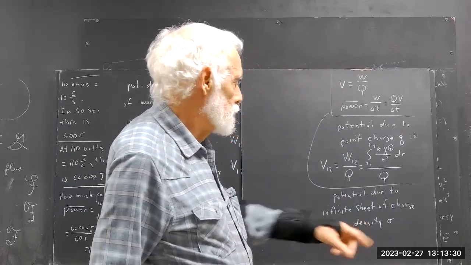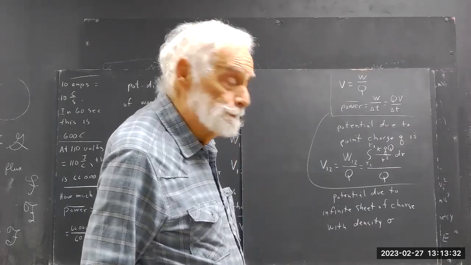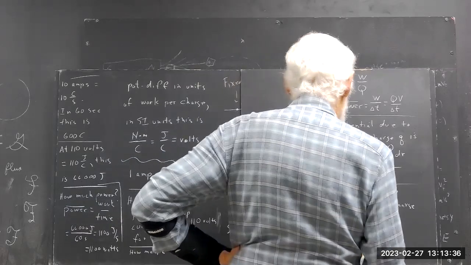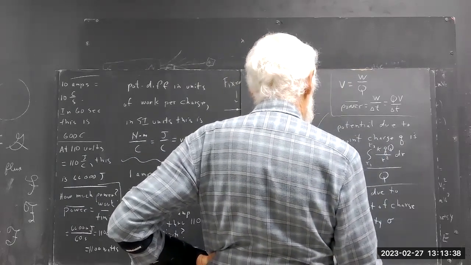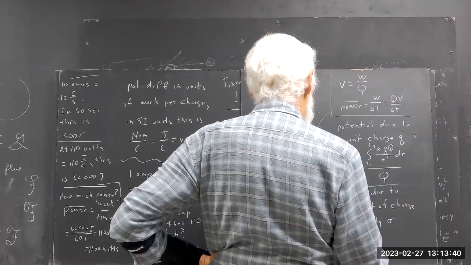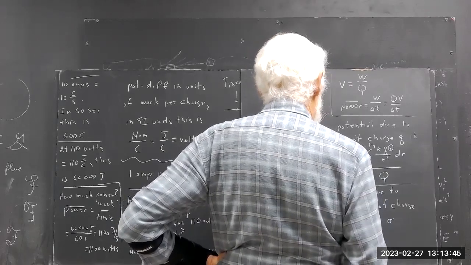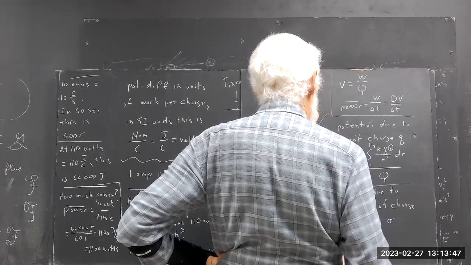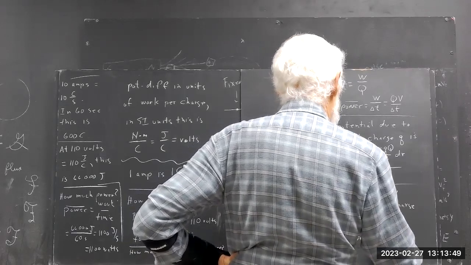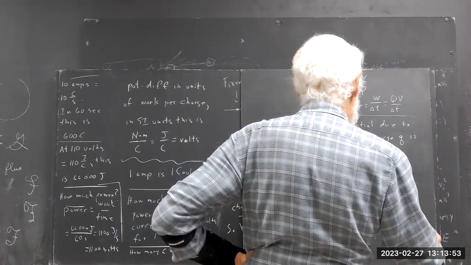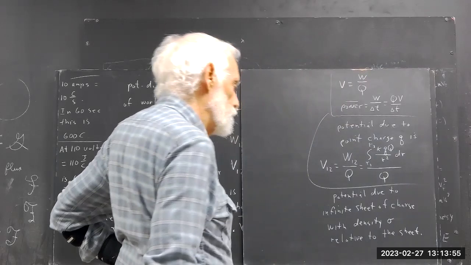What's the potential due to an infinite sheet of charge with density sigma, relative to the sheet?